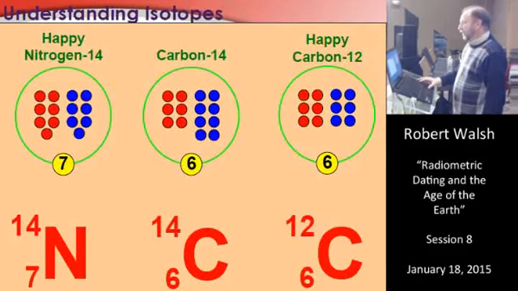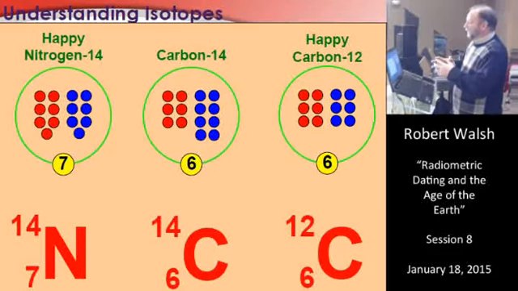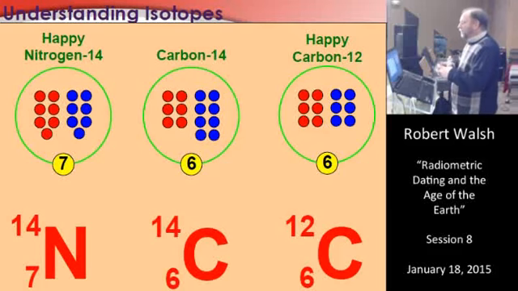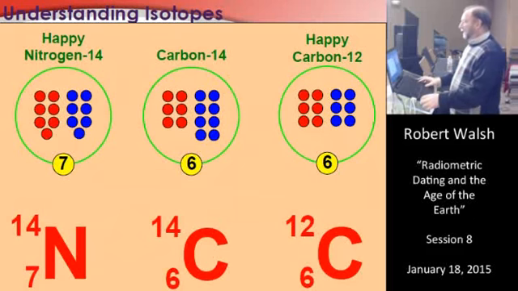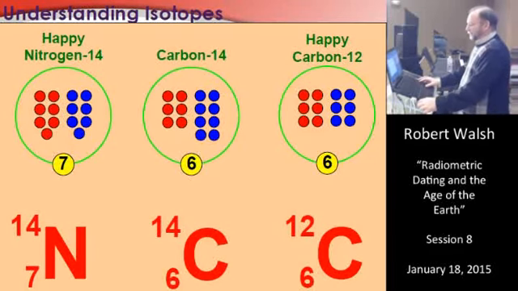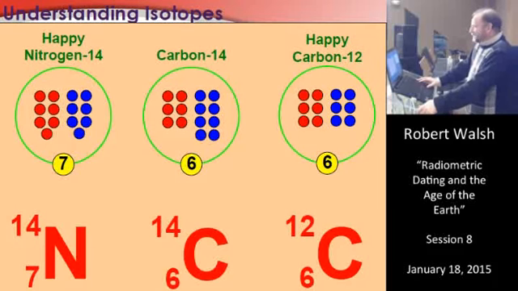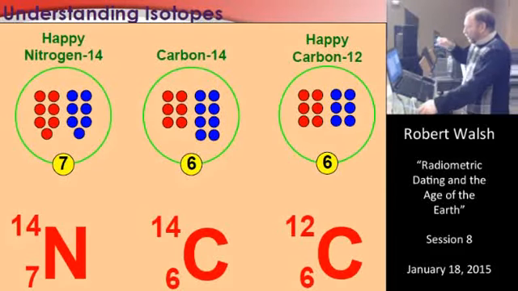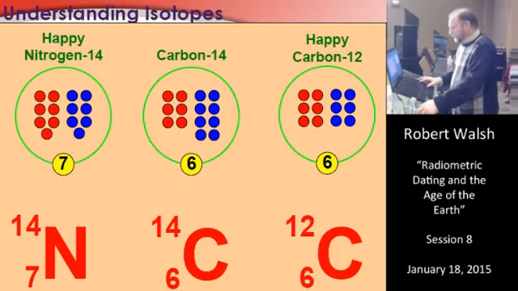All right, let's take a look at nitrogen and carbon, because we want to understand not only the elements, nitrogen, carbon, bismuth, what have you, but we also want to understand their isotopes and what we mean by an isotope of carbon. Well, let's take a look. Here to the left, we have a happy nitrogen atom. It's made up of 7 protons and 7 neutrons. It has 7 electrons, of course, orbiting it, and there we see the symbol.